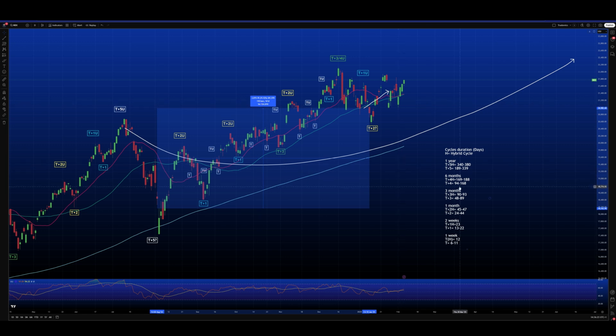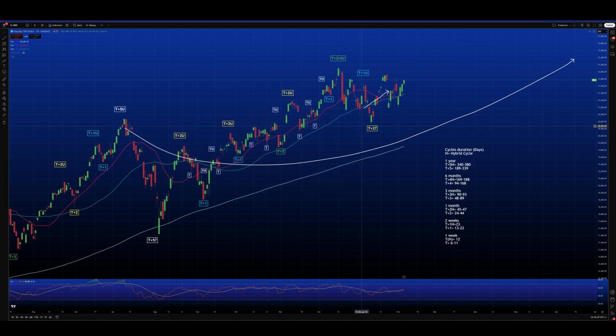The T+4 is encompassed between 94 and 168 days. At the moment, considering the amount of candles above this low, we have for the time being a T+2, but of course it might be even more than a T+2. The wider the cycle, the longer the rally to the upside, at least to develop its shape.